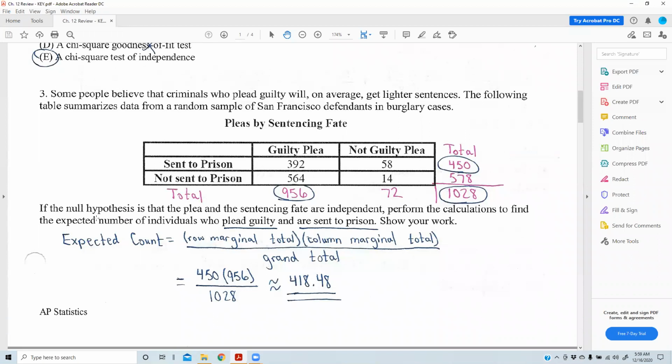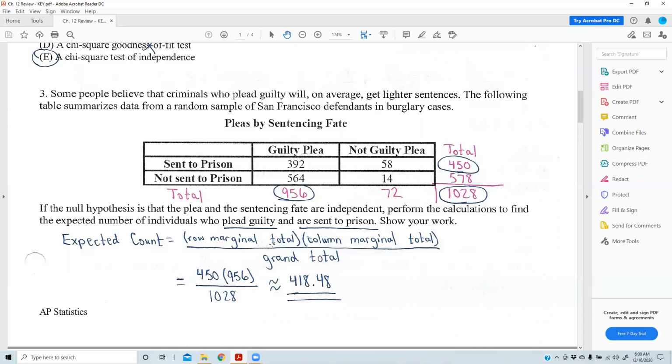If the null hypothesis is that the plea and sentencing fate are independent, perform the calculation to find the expected number of individuals who plead guilty and are sent to prison. Notice here, this is just asking for expected count for plead guilty and sent to prison. We're just wanting the expected count of the cell that has 392 in it. That's all we have to find.